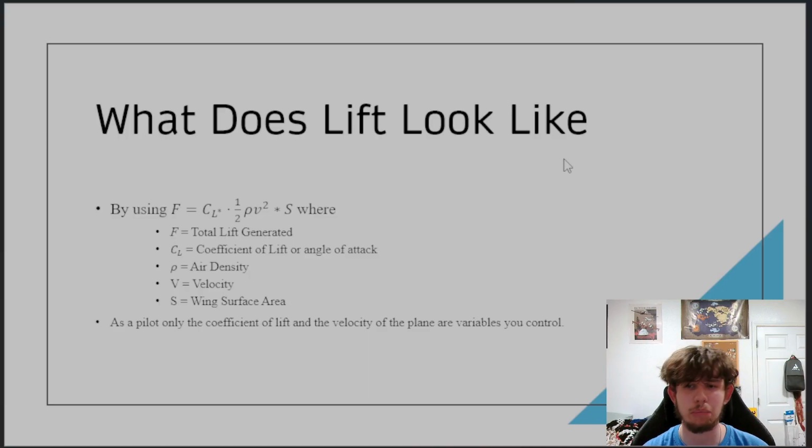If you take the example of a 2,000-pound airplane, in order to stay in straight and level flight, that wing is generating 2,000 pounds of lift. If you change the angle of attack of the wing, so you slow the plane down and increase the angle of attack, you're still generating 2,000 pounds of lift to maintain the same level of flight.